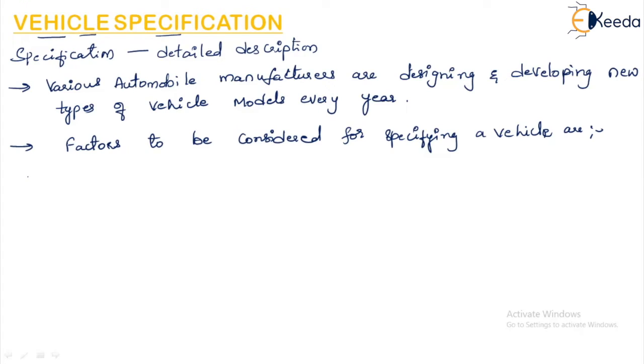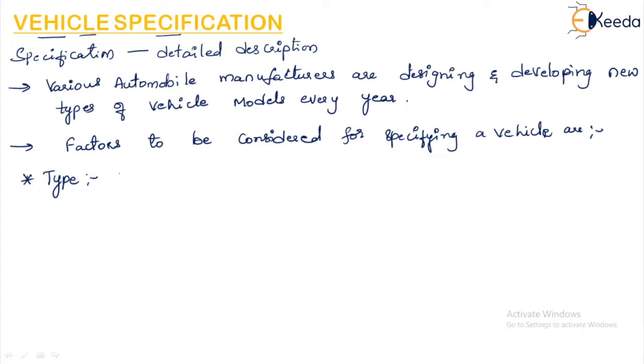The first one is the type. So what is this type? Type means the actual name of the vehicle, that is the Honda Activa, Suzuki Access, whether it is a motorcycle, a car, a bus, a truck, or any special purpose vehicle.